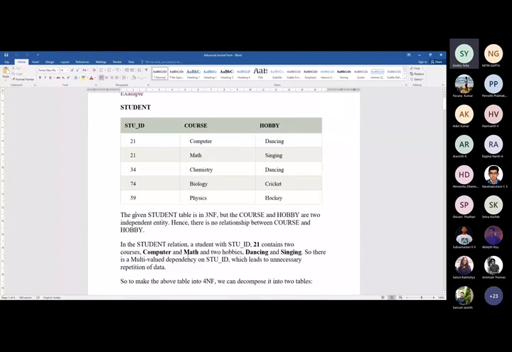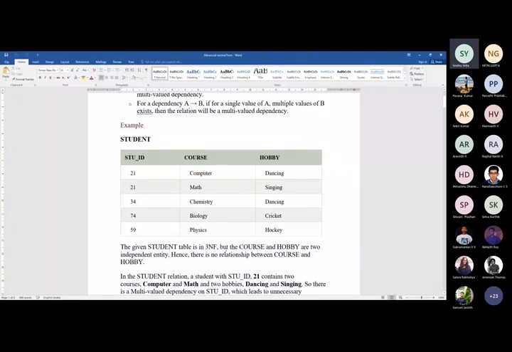If you look into the table, the given student relation is in third normal form, but the course and hobby are two independent entities. Hence, there is no relationship between the course and the hobby of a student.